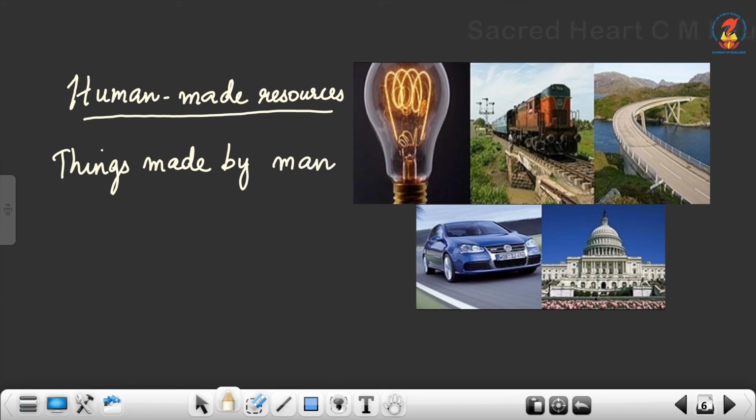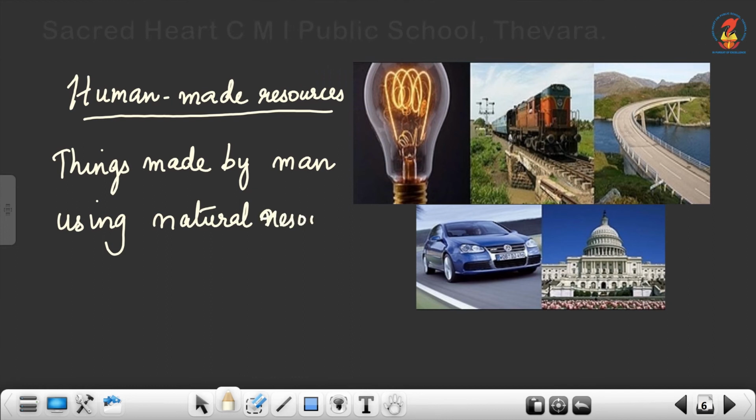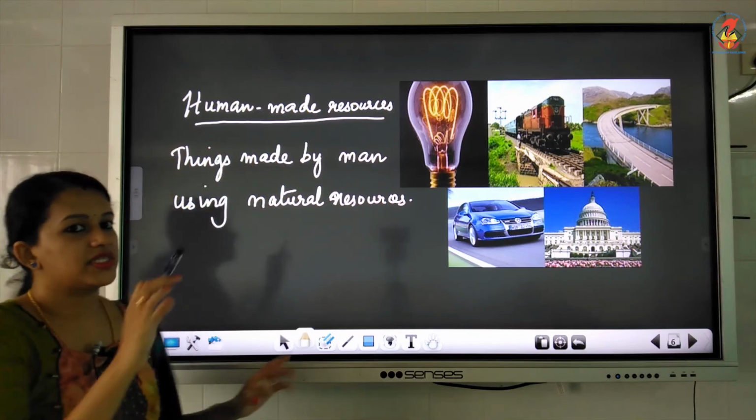Things made by man or human beings using the natural resources. Okay, things made by human beings using natural resources are called human made resources. It is there in the term itself, human made.